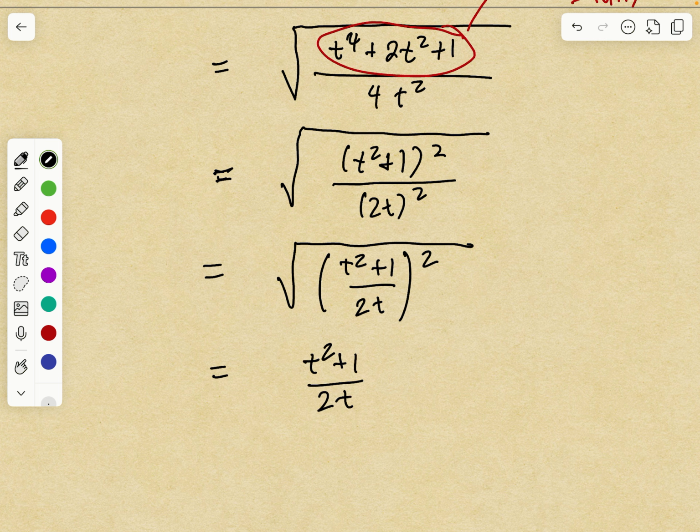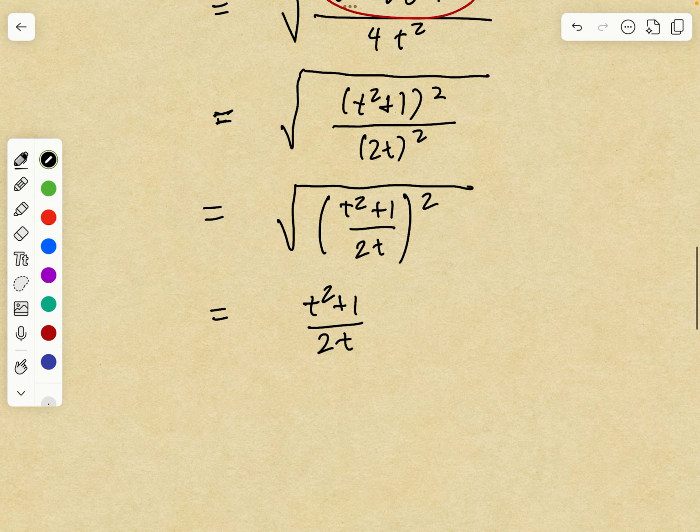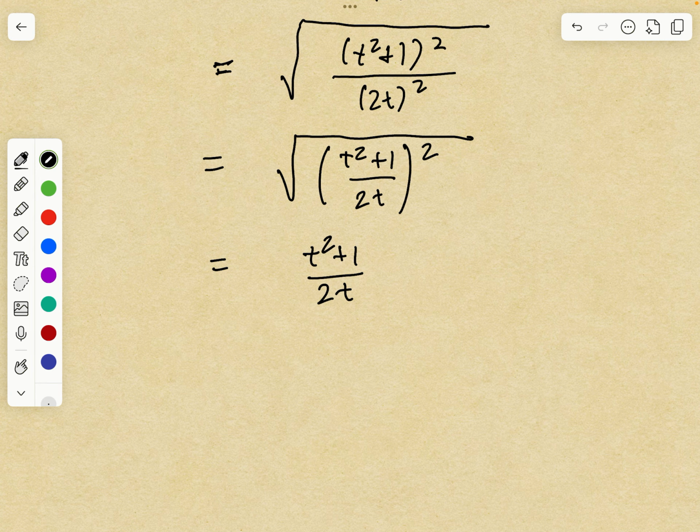Now this is only true, by the way, if the thing that you're squaring and then taking the square root of is positive or 0. But t is positive, right? t is going from 1 to 3, and so this thing is going to be positive. Okay. So this is my magnitude of r prime of t.